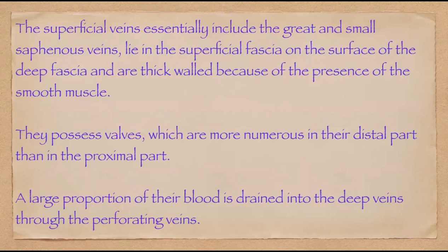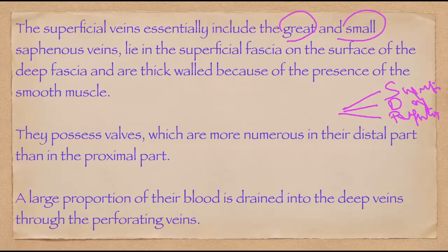There are three types of veins: superficial, deep, and perforating veins. The superficial veins essentially include the great and small saphenous vein. They lie in the superficial fascia, on the surface of the deep fascia. You all know this because every one of you attended the dissection.